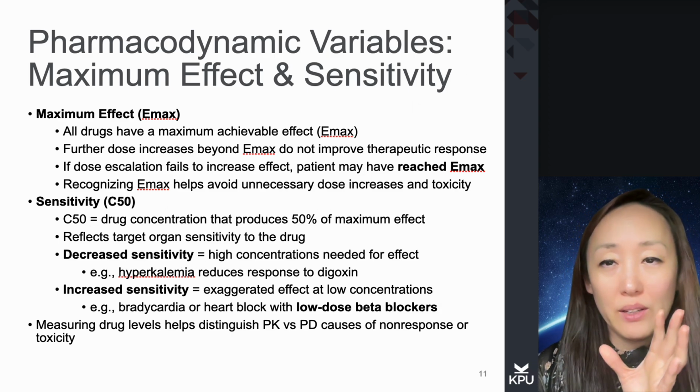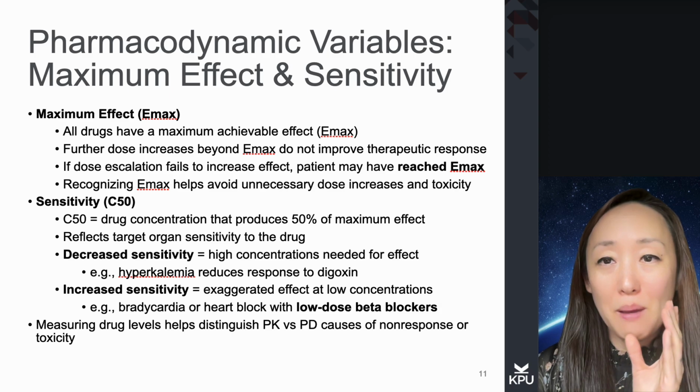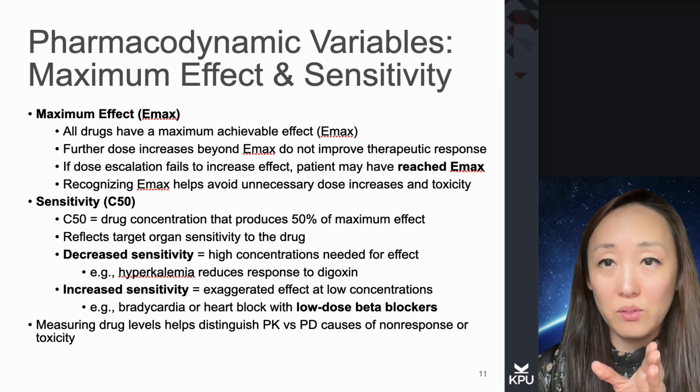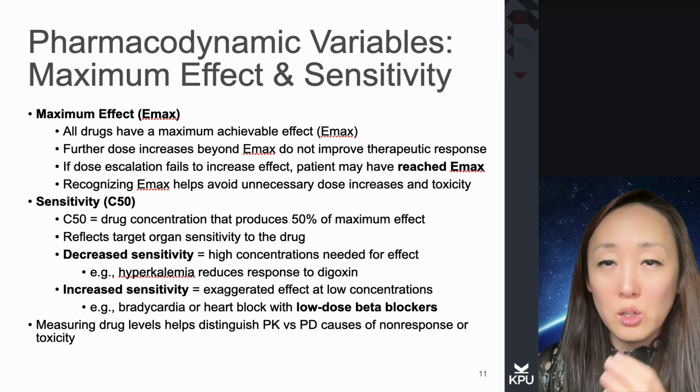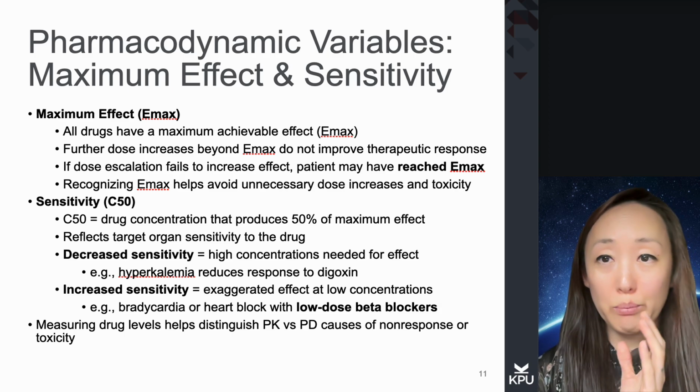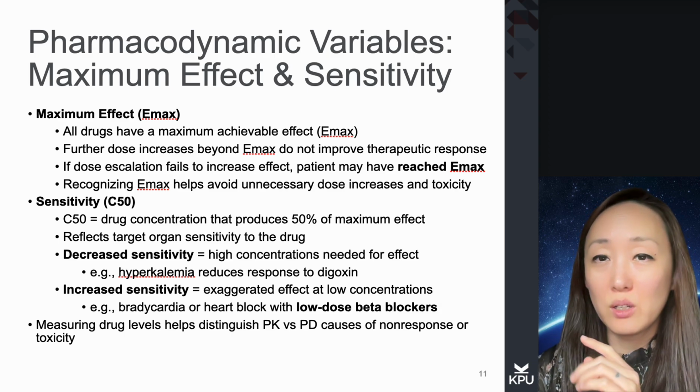And the sensitivity, the EC50, this is about how responsive a target organ is to a drug. So remember we talked about this being EC50, which is the concentration that produces half of the drug's maximum effect.